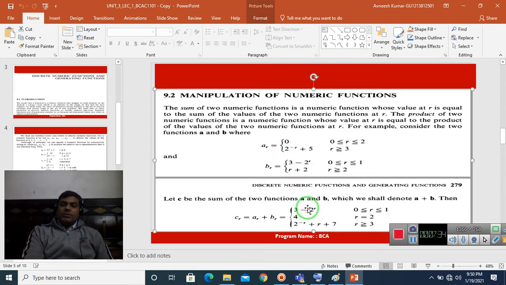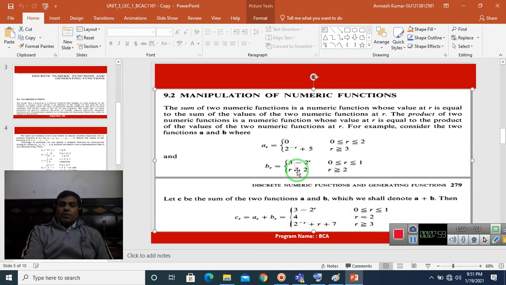If you add 0, there will be no effect. For r equal to 2, this function will work, but in this function 0 will work, so you should add r to r plus 2 plus 0. So if you put r equal to 2 here, then you will get 4. So on r equal to 2, the result is 4.